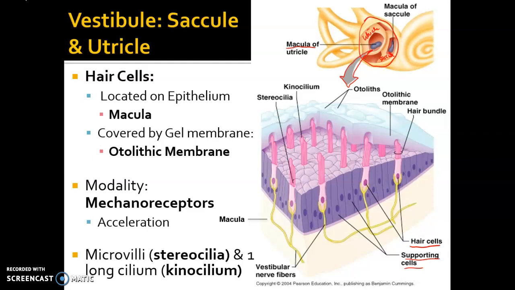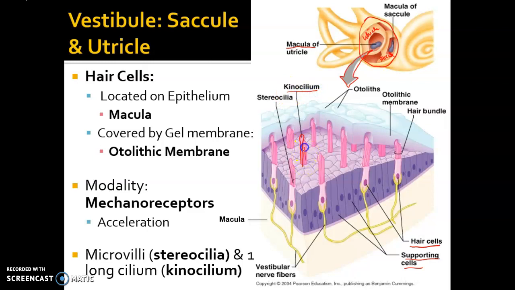If you blow up the macula, you do see the hair cells in pink, and in between the hair cells there are supporting cells in purple. Now, if you look at the hair cells, each hair cell has a long structure, and this is called kinocilium.